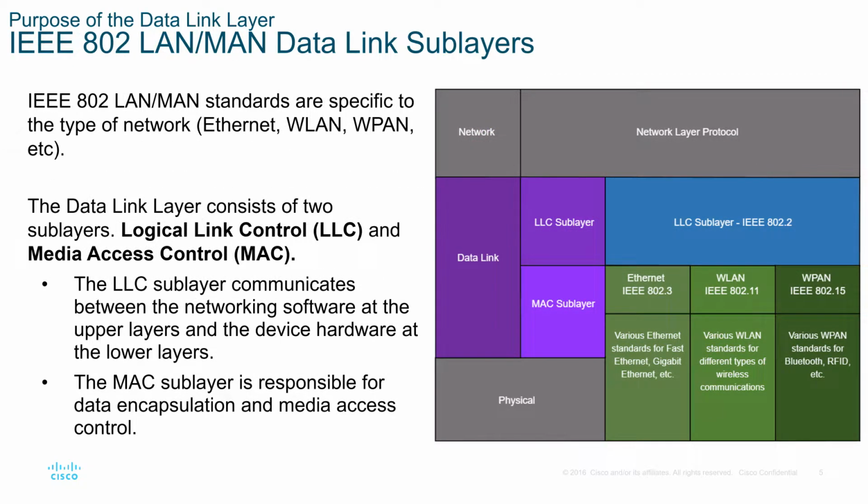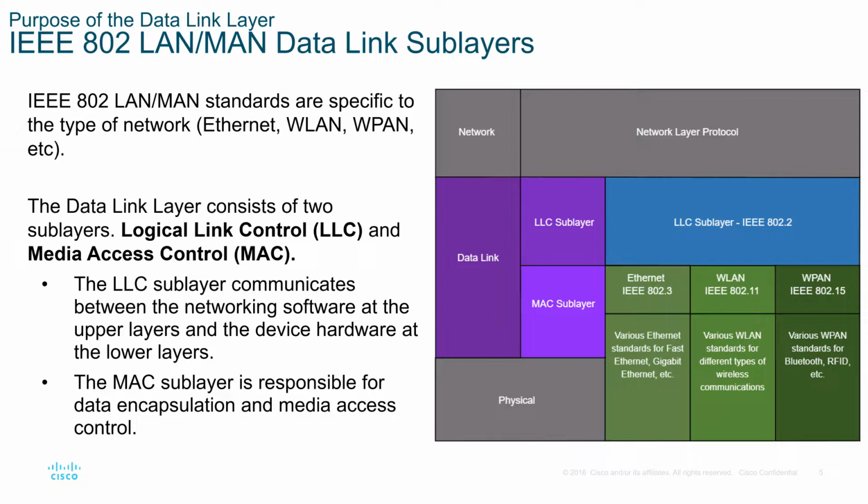The IEEE 802 LAN and MAN standards are specific to the type of network, whether it be Ethernet, wireless, wireless PAN networks, and many others. The data link layer actually consists of two sublayers. Logical link control, which, as you can see from the diagram, is the layer that is directly connected to the network, layer 3, where logical addressing takes place.